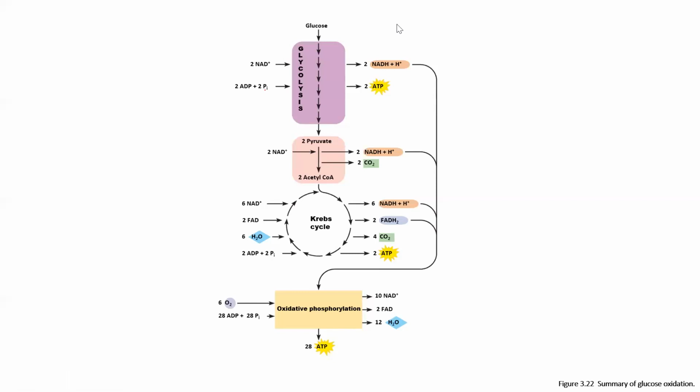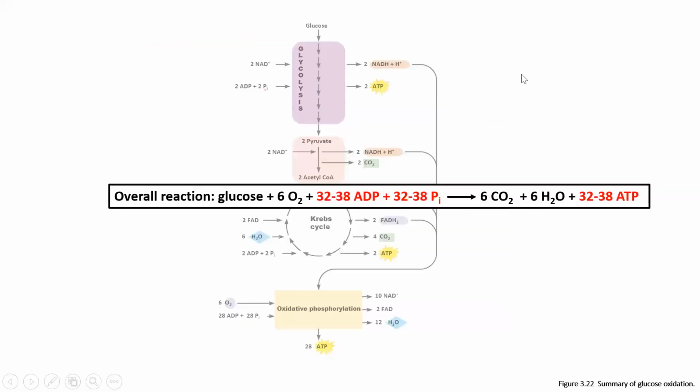Okay. Now you will see some discrepancy in terms of the overall amount of ATP that is produced. Some textbooks will tell you it's 32. Some literature will say 38. So there's some variation in the value, not only from person to person, but from state to state.